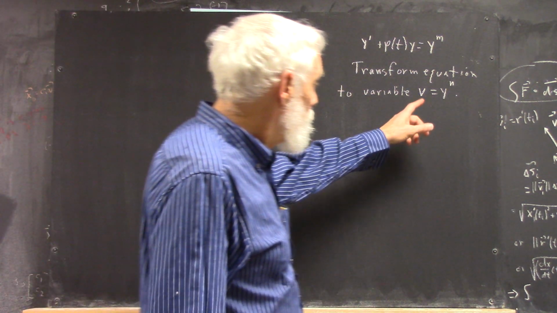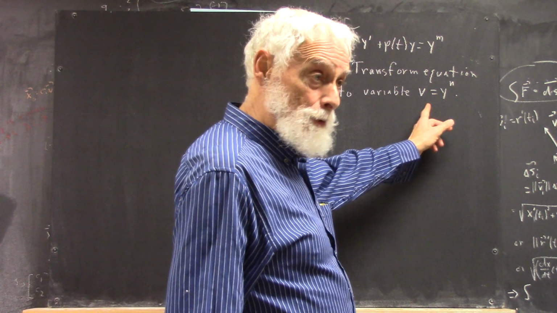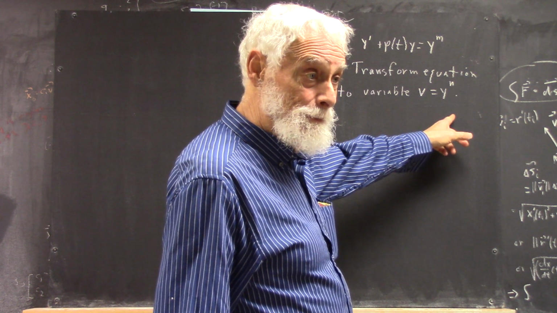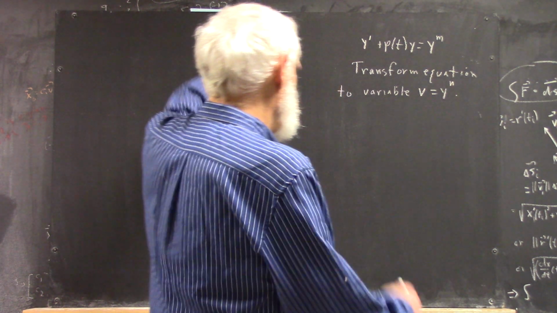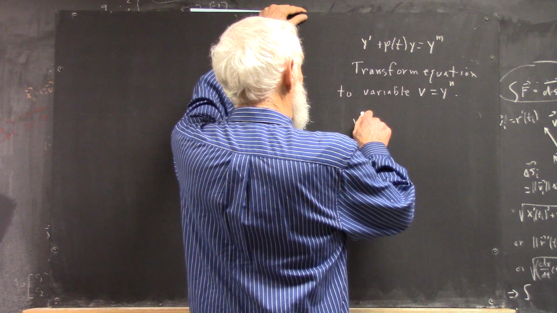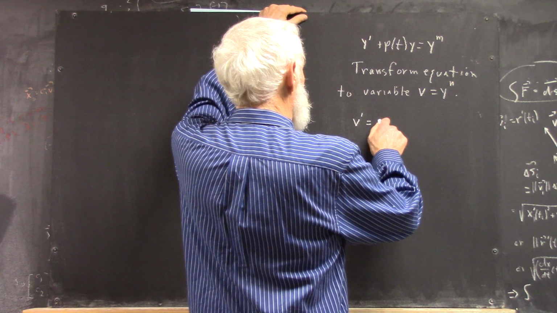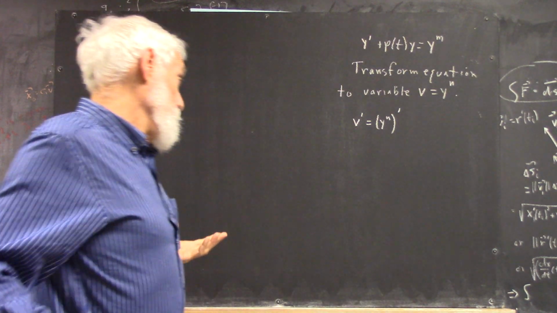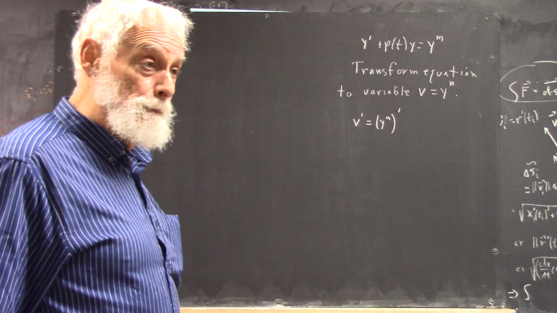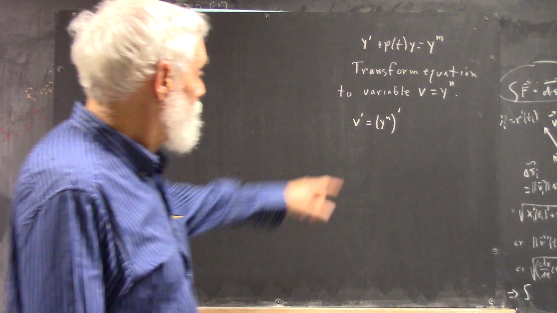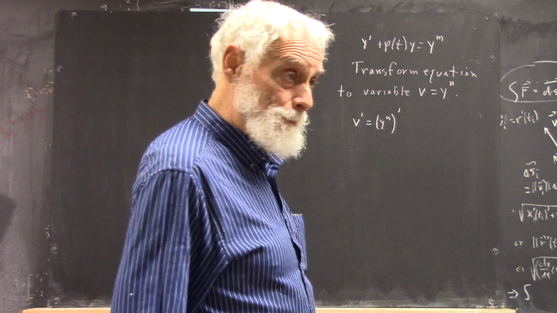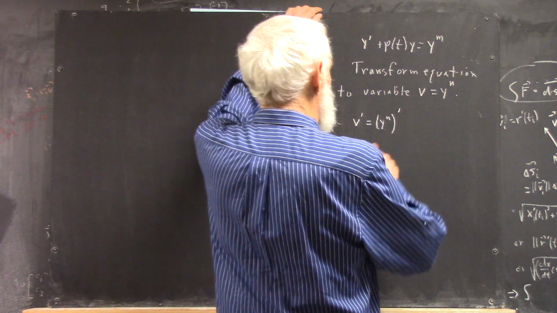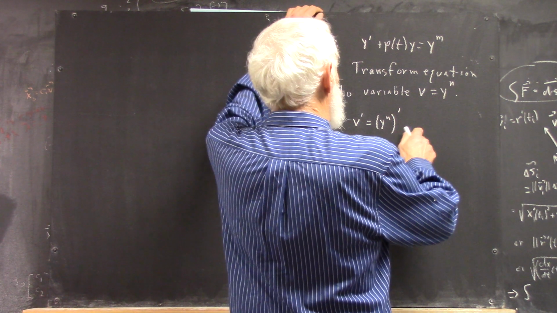Well, I can take this and do the derivative for both sides, right? Derivative with respect to t. So I can write, well, okay, v prime equals y to the n prime. Obviously, v equals y to the n, right? And what's y to the n prime, with t being the variable?